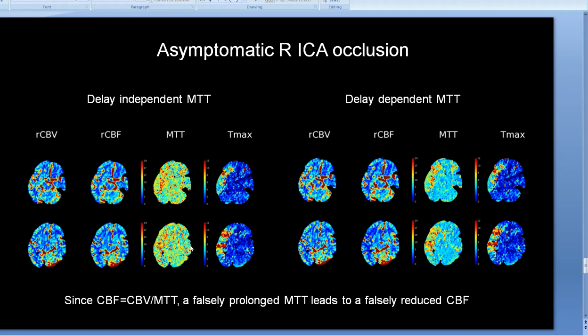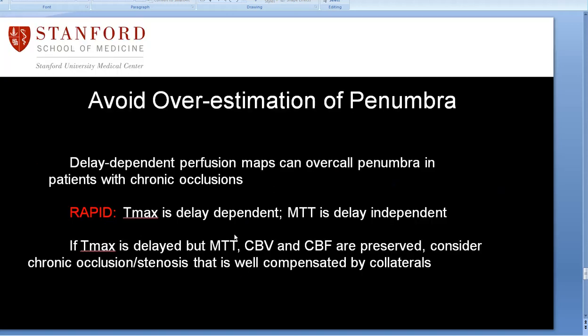Use this map, they call it the delay independent map. This map shows us a more accurate result. The brain has no ischemia, it's just getting there late through collateral, so good collateral vessels. This is the point they want to drive home.